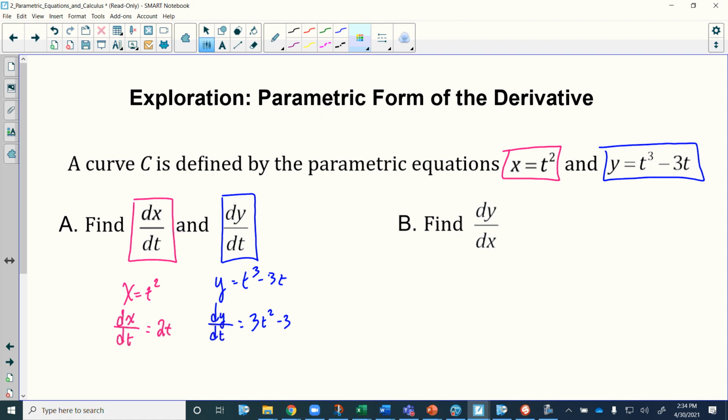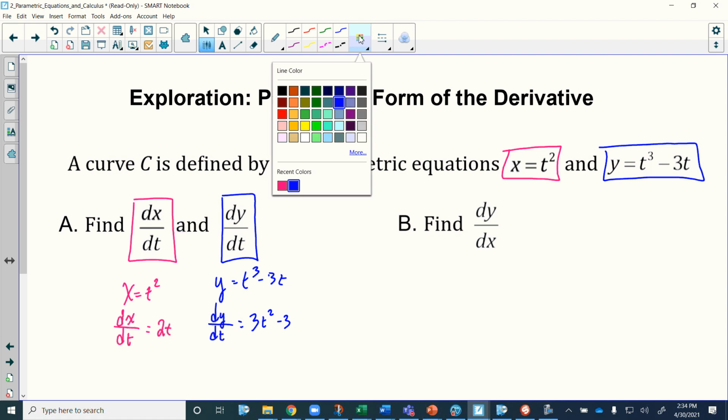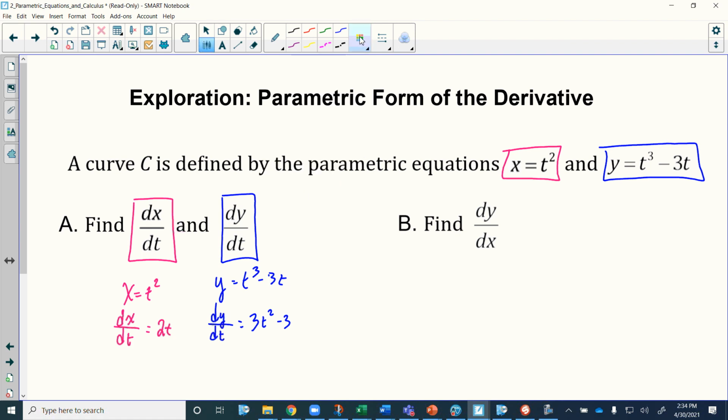What we normally think of as an actual derivative, dy/dx, the derivative of y with respect to x, that's what we're going to be looking at now. So if I say dy/dx, what I'm really going to be looking at is dy/dt being divided by dx/dt. Let me clean this up just a little bit, because this one's going to be an ugly looking fraction to start with.